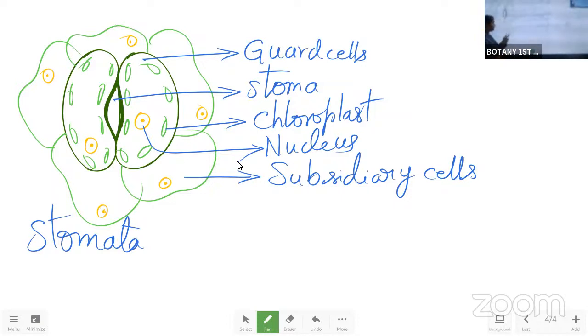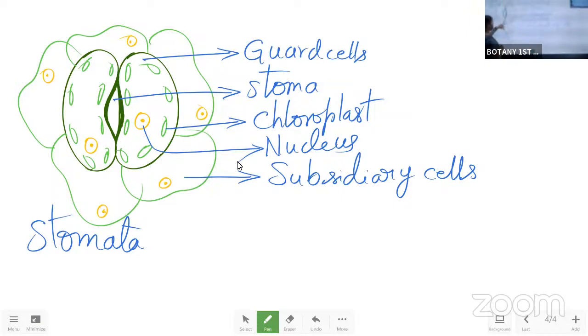Okay. And these subsidiary cells, like the guard cells, are made up of epidermal cells from the epidermis of the leaf. And these are meant to store much more food material and water that has to be evaporated, otherwise needs to be supplied for the guard cells.